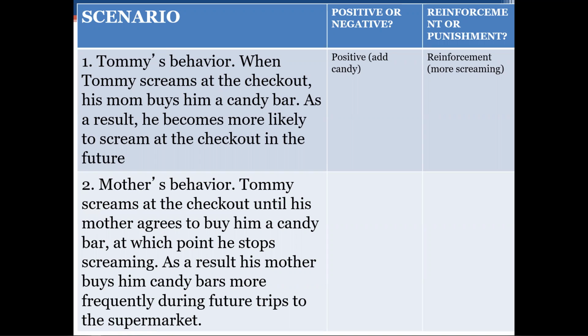So is the mother's behavior going up or down? Hopefully you see that the mother's behavior is going up. Is it because Tommy is adding something or taking something away? Hopefully you can see that it's because Tommy is taking away his screaming. He's stopping the screaming. So the removal of screaming is negatively reinforcing the mother's behavior.